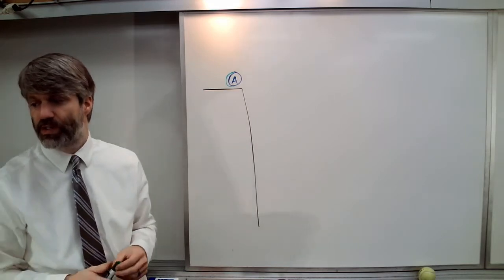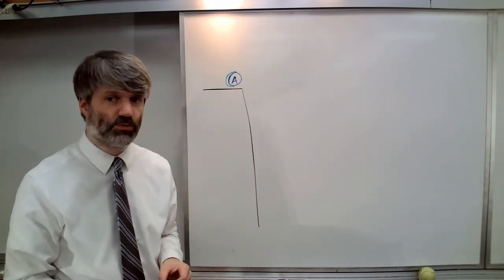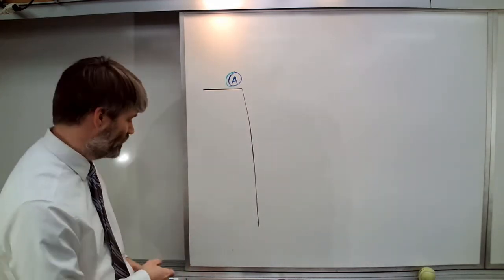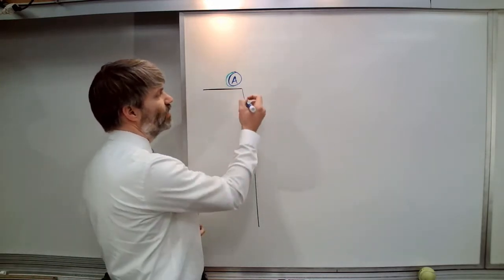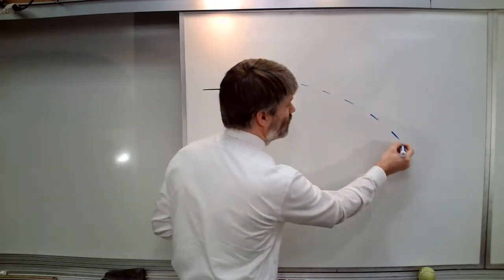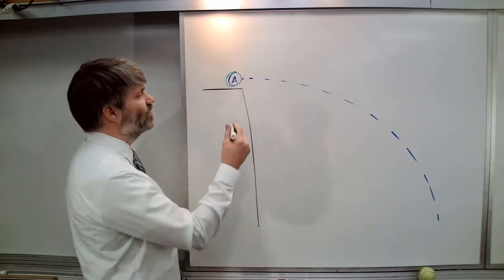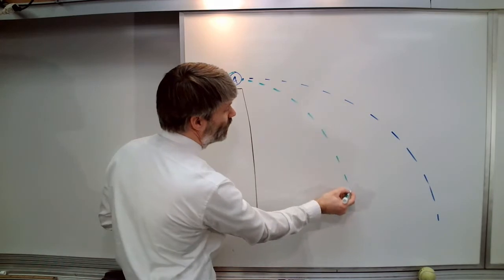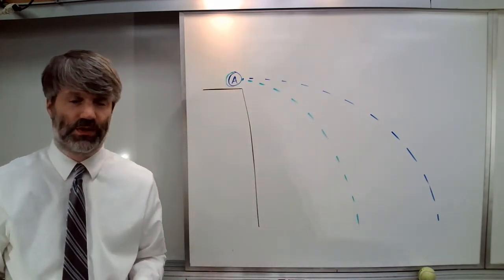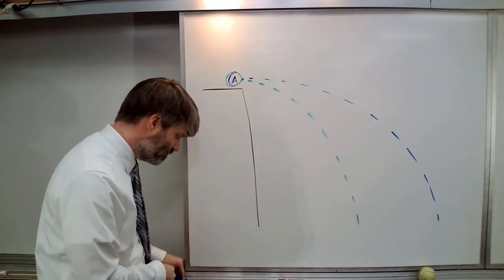One has speed 5 meters per second, the other speed 2.5 meters per second. So sphere A is launched at 5 meters per second. We'll assume it's going to go farther. It's going to undergo projectile motion. Sphere B, not as far, but we don't quite know how far just yet. We'll just see how that is.